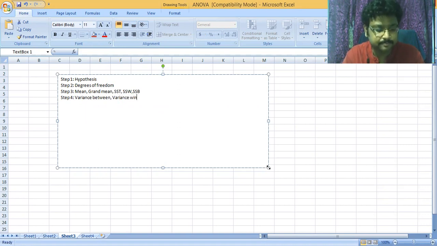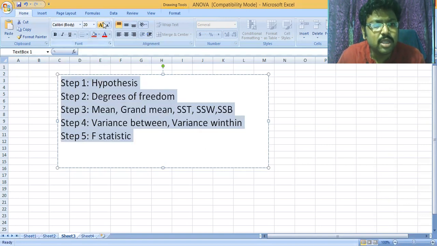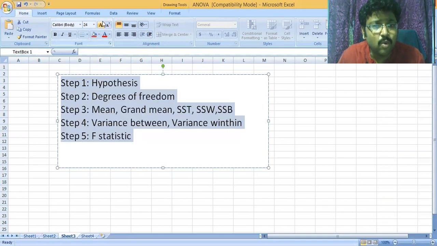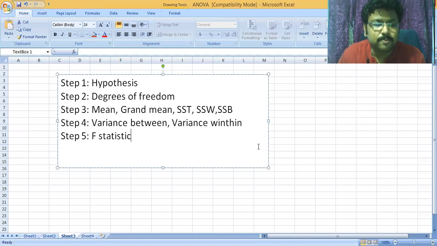And the final step, step 5, you have to calculate the F statistics. So there are these 5 steps you have to follow if you like to calculate the one-way ANOVA. Now with an example we will try to clarify this.